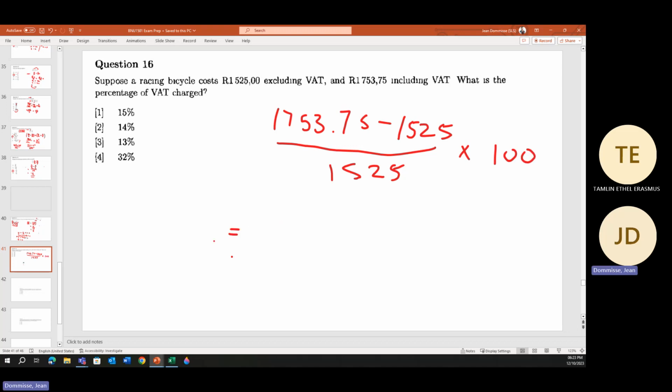Otherwise, it would be a decimal. So let me just check on my calculator. 1753.75 minus 1525 is 228.75.